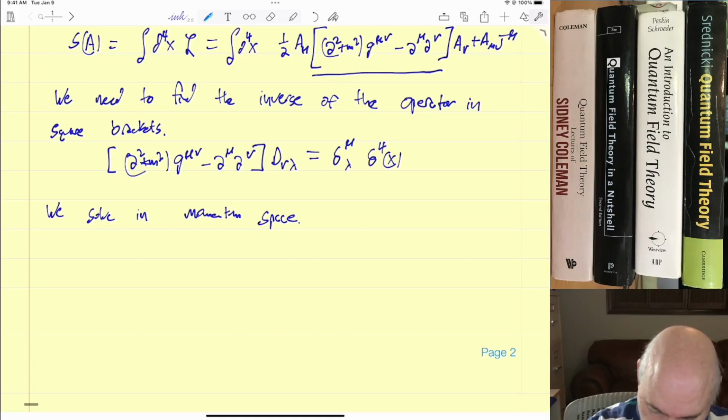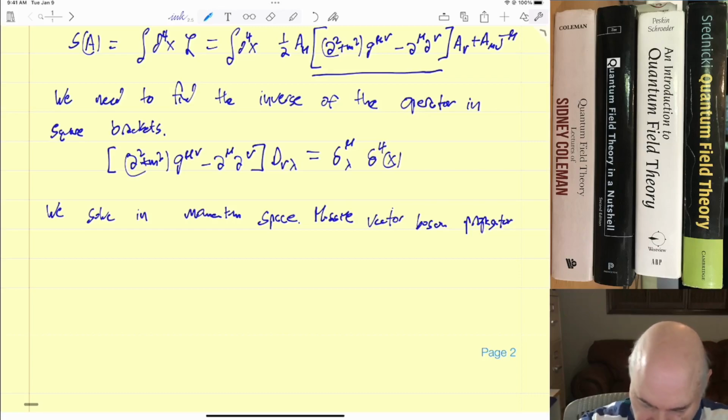So we're going to get the massive vector boson propagator. Hold on one second. I wrote meson in my notes. I meant boson.